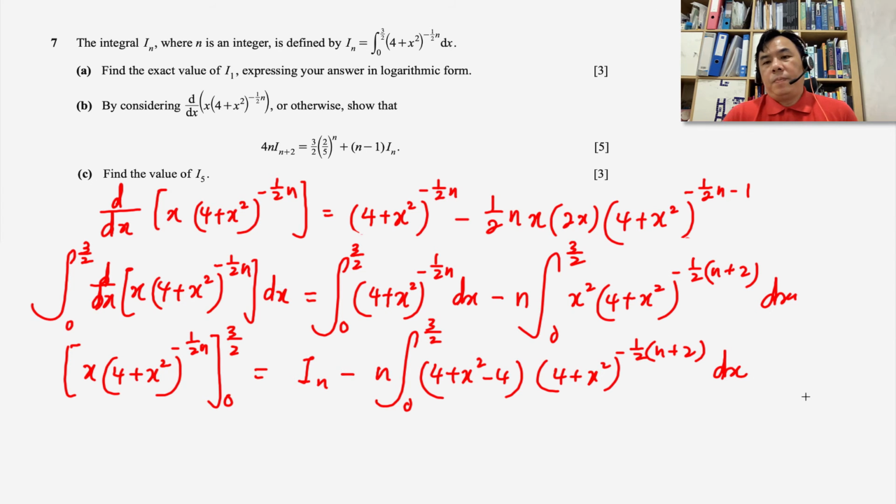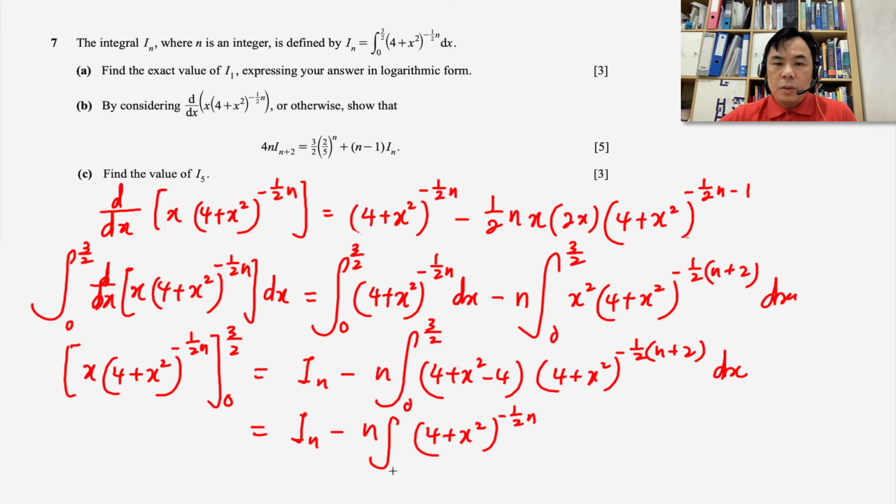You can see that. All right. Now, after that, you can further expand that. You can expand this to become 4 plus x squared. Now, that will be a plus 1 basically. So it's plus minus 1 plus 1, which is negative half of I_n.